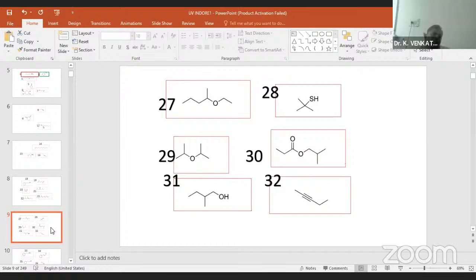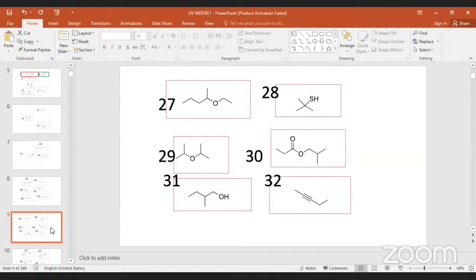Oxygen is there, so oxygen is one part, the right side is one part, and the left side is another part. Totally 3 parts. Whenever an ether comes, in the IUPAC name we separate it into 3 parts.